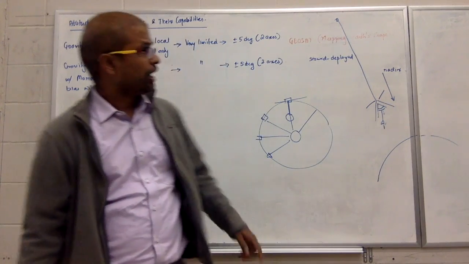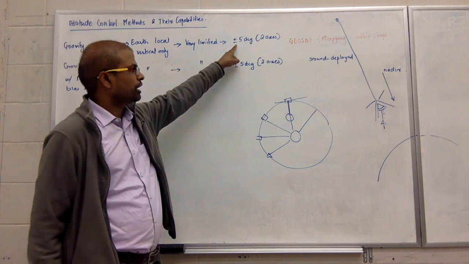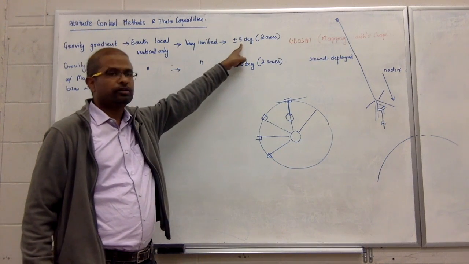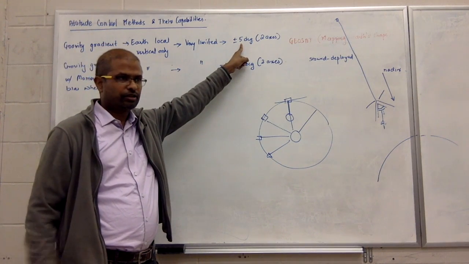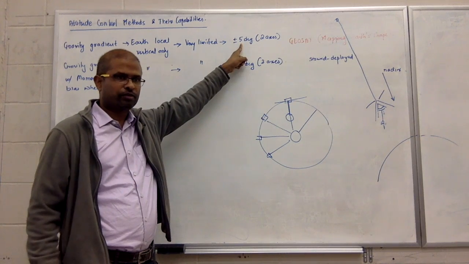The attitude accuracy of such a satellite is 5 degrees, so it will be off by plus or minus 5 degrees.